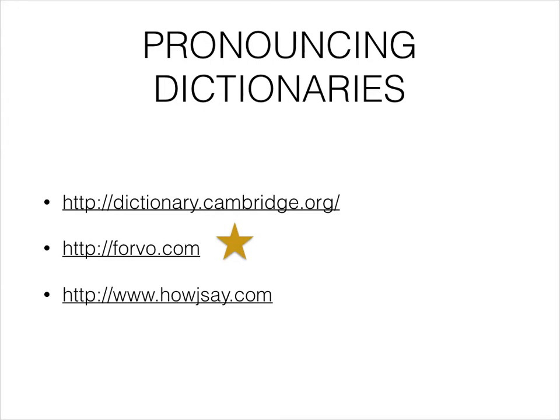Okay, however, there used to be pronouncing dictionaries, paper dictionaries that were just for pronunciation, phonetic dictionaries. Nowadays, we have lots of things online, of course. So my own personal recommendations, and you can use this on your computers, your mobile phones, your devices, whatever. Number one, the Cambridge Dictionary. There are millions of dictionaries, but if you want to hear how a word sounds, I would go to the Cambridge Dictionary probably.